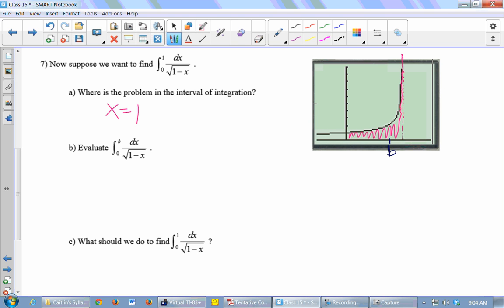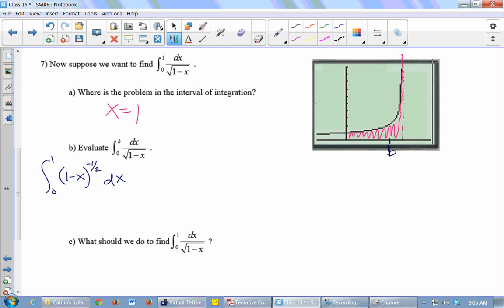All right, so how do I get an antiderivative of 1 over the square root of 1 minus x? Yep. So messing around with the integrand a little bit might jog an idea of a technique to use.